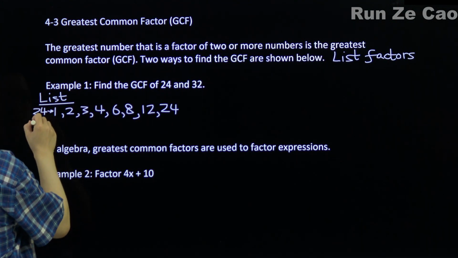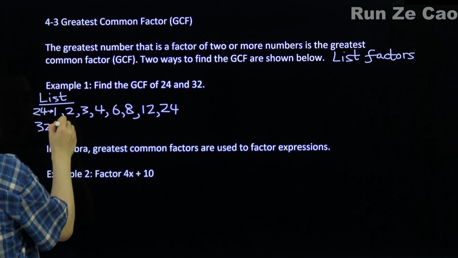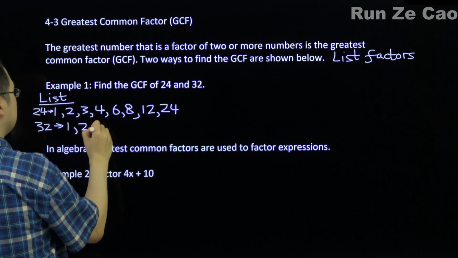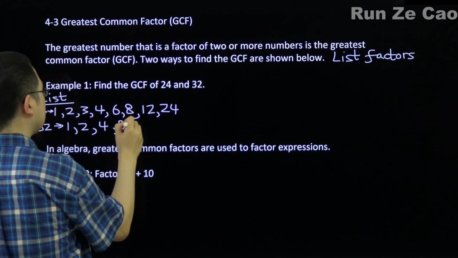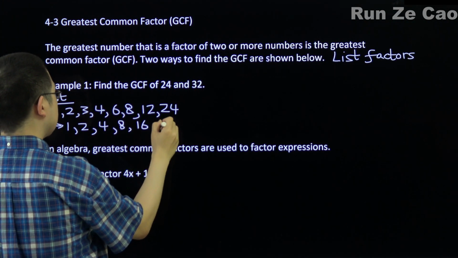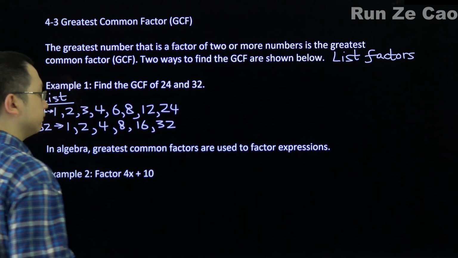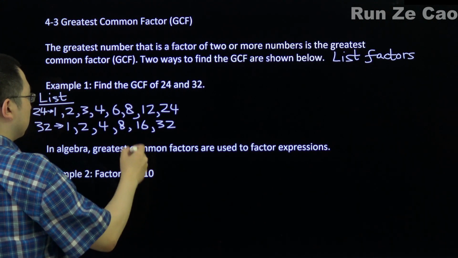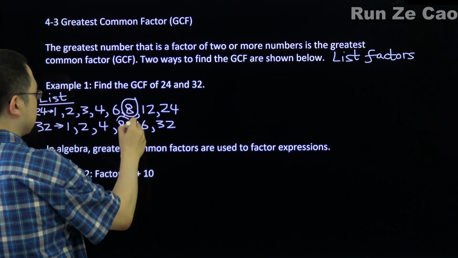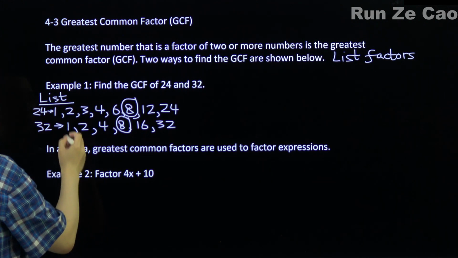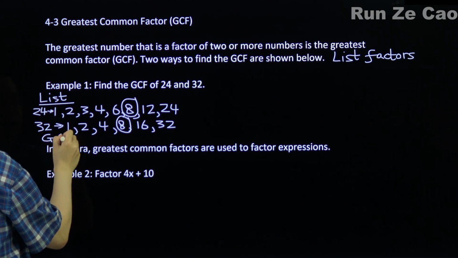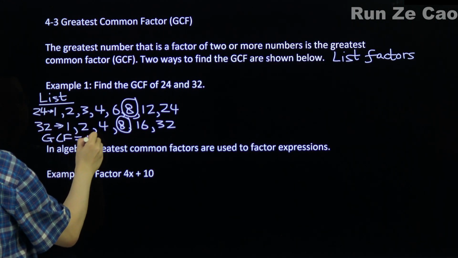So, what about 32? Well, we get 1, 2, 4, 8, 16, 32. Well, what do we see? Oh, we see that 8 is the largest number shared, so the GCF is equal to 8.